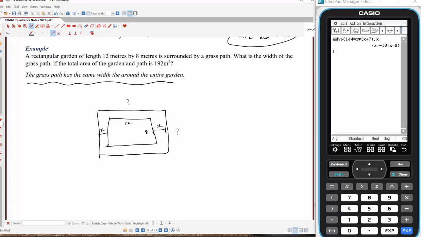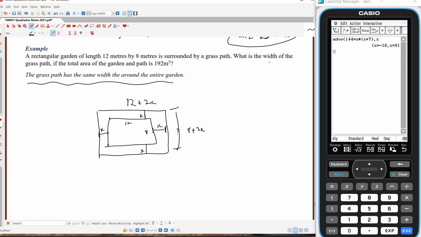So this whole length here is going to be 12 plus 2x. Okay, so this 12 here plus the x plus the x. Now this dimension here is going to be 8 plus this width here, which is x, and this width here, which is x, which I know is x because it's the same width around the entire garden. So this one here will be 8 plus 2x.